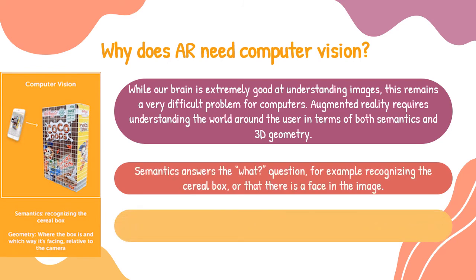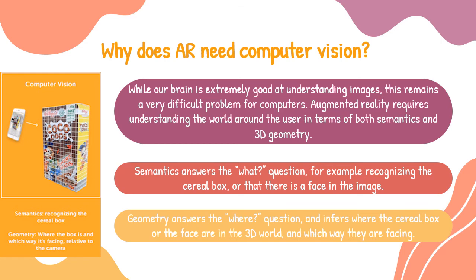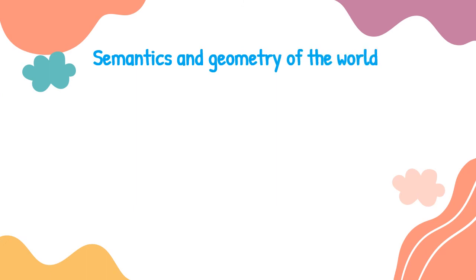Semantics answers the what questions, for example, recognizing the cereal box or that there is a face in the image. Geometry answers the where questions and infers where the cereal box or the face is in the 3D world and which way they are facing.